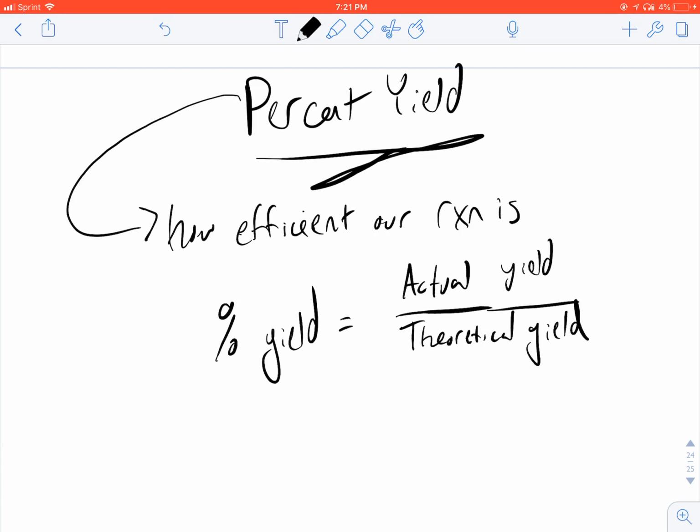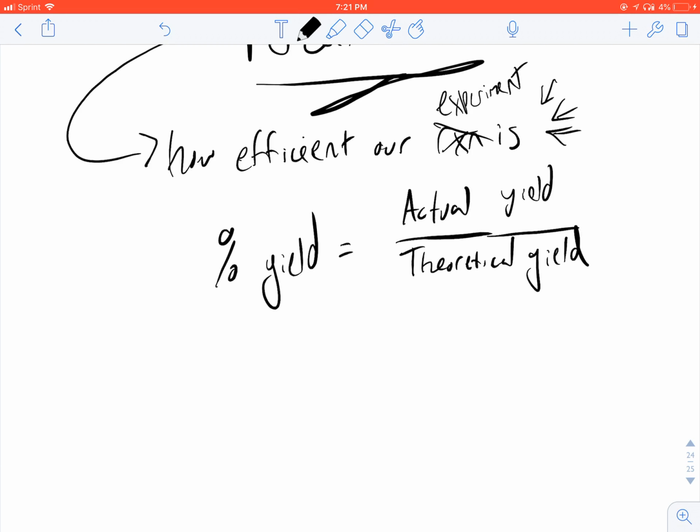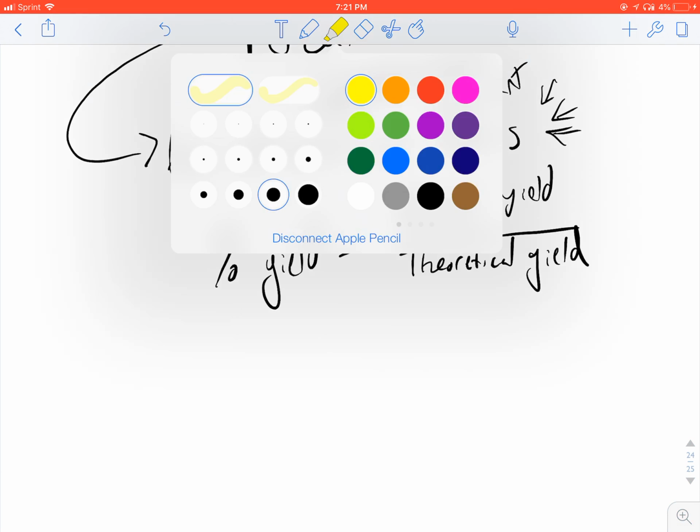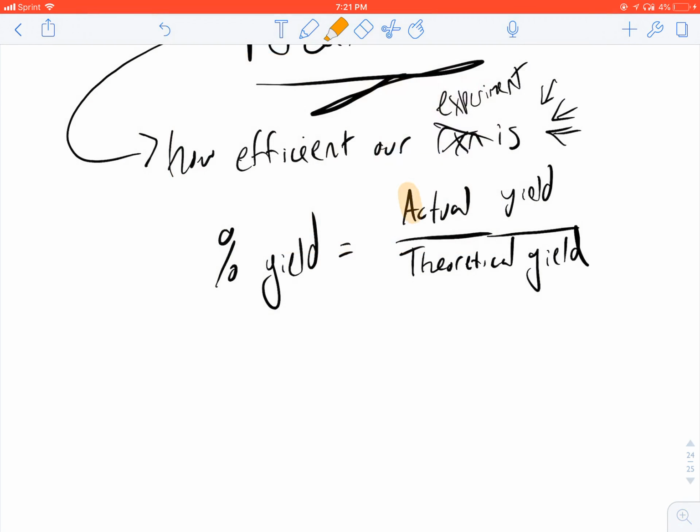So again, percent yield tells us how efficient our reaction is, or maybe our experiment, we can say. And the way we do that is by comparing two values, an actual yield and the theoretical yield.